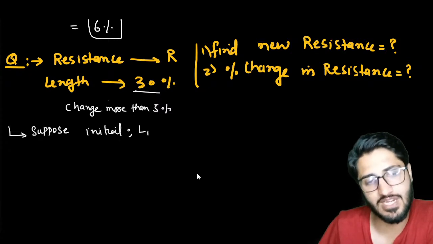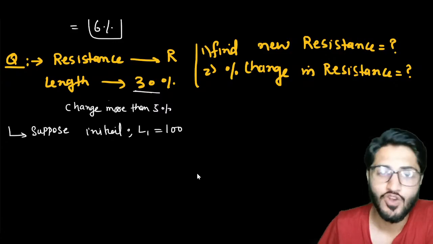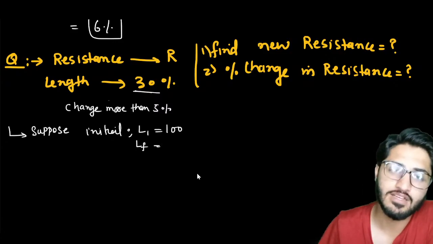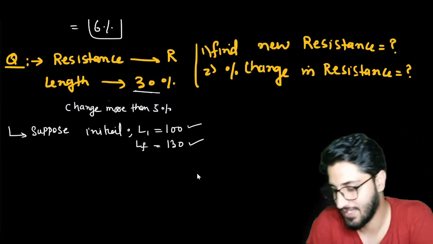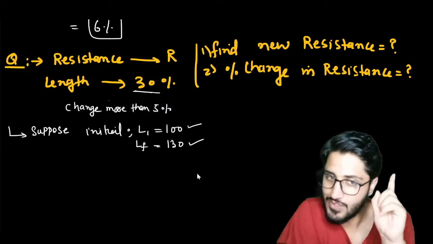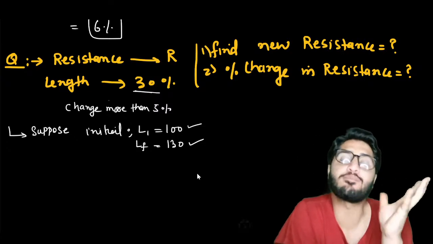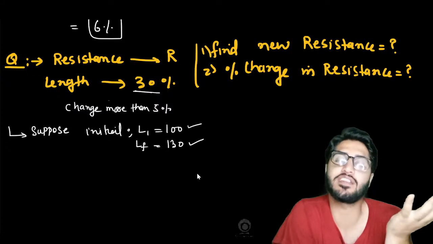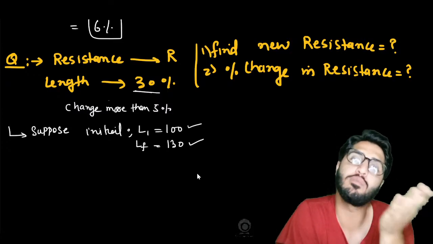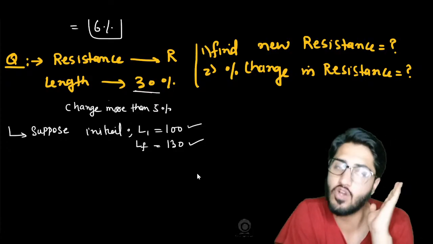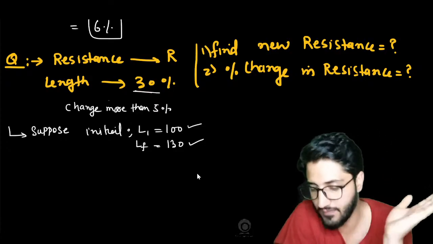So what is the initial length? Sir, 100. What is the final length? It is increased by 30%, so can I write it is 130? Easy. Initially the length of my conductor is 100, now I increase it by 30%, so my final will be 130. Always and always do like this.